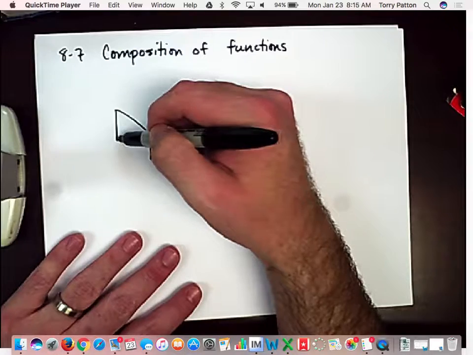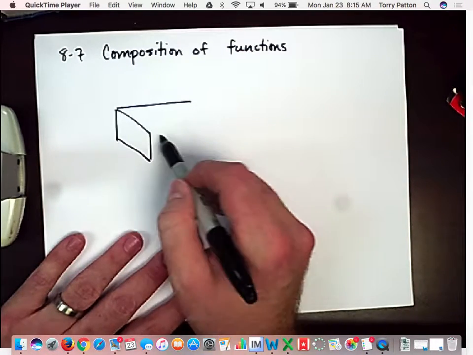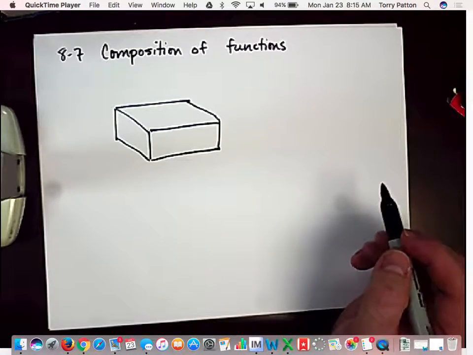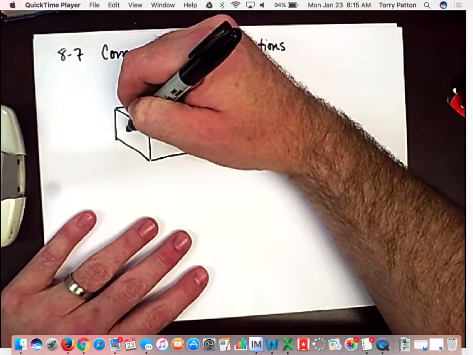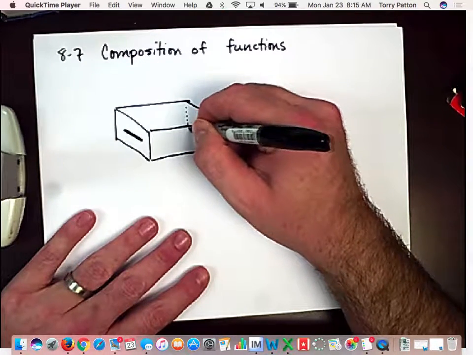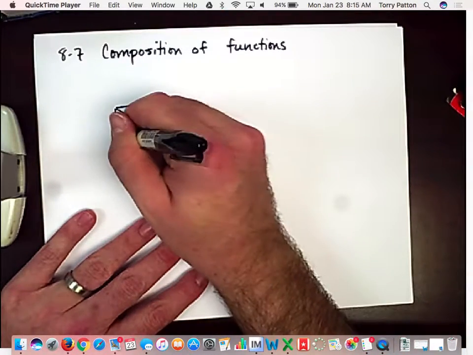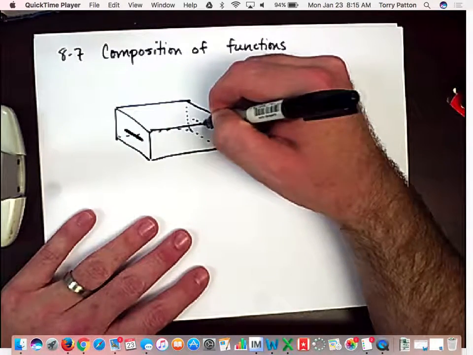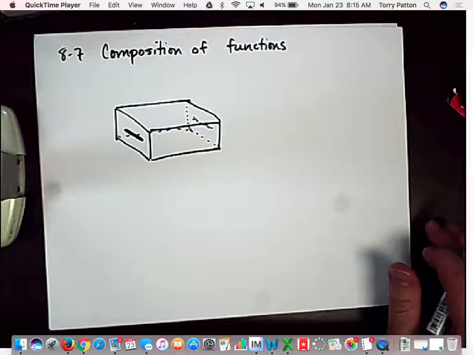Okay? So let's say that you have a box here. And this box has a slit on one side, and a slit on the other side that we can't see because of it being 3D.